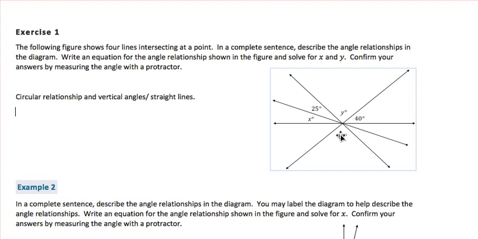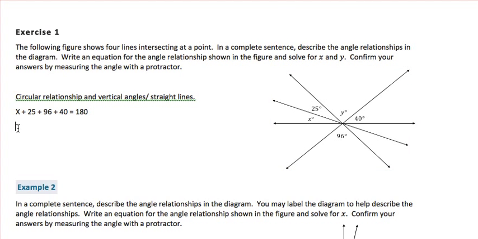In the case of 96 and y, they are vertical angles. So y is equal to 96. And now that does help, because we can find the value of x if we know that this is 96. So we're going to do x plus 25 plus 96 plus 40 is equal to 180 degrees. Again, that is x, 25, 96, which is the value of y because they're vertical angles, and 40, and they all equal 180 degrees.